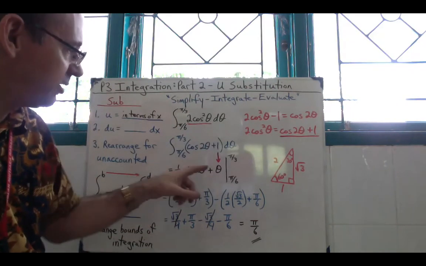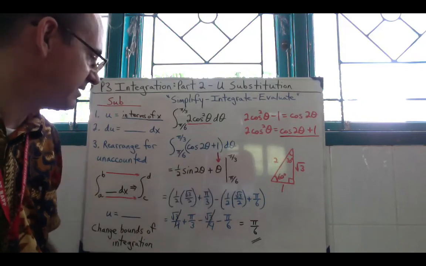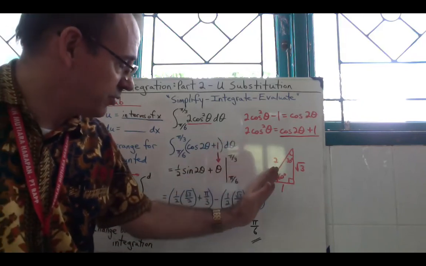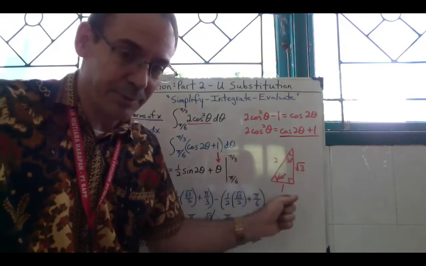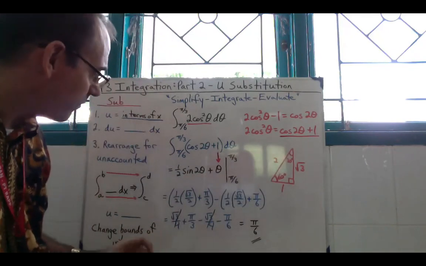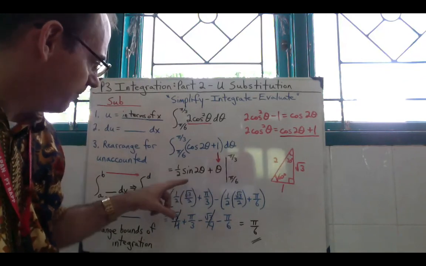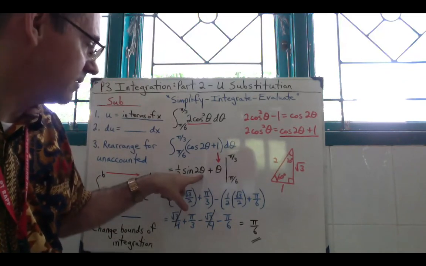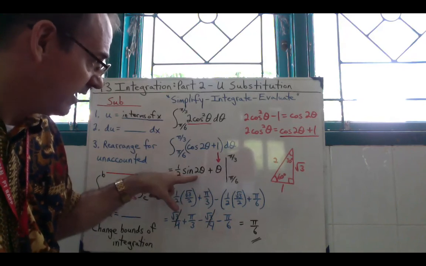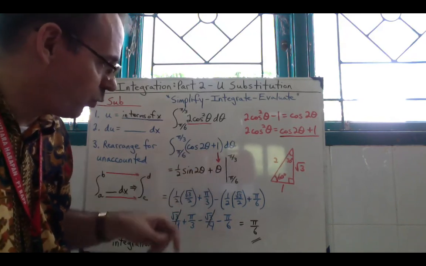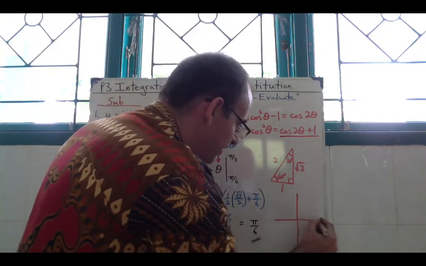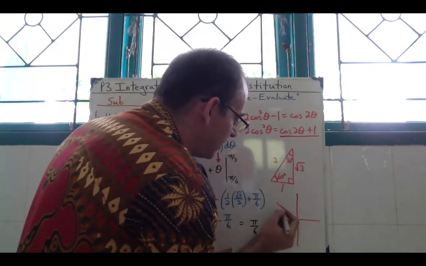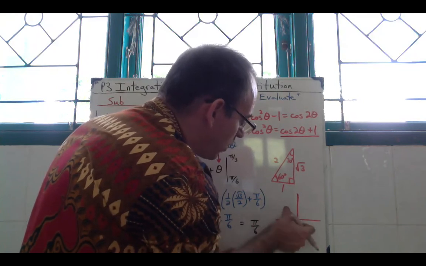So we're evaluating from pi thirds to pi sixths. Because we're doing exact values and using trigonometry, I pulled up our special triangle. So pi thirds is plugged in here, and you get 2 pi thirds. 2 pi thirds is 120 degrees, which means you have a 60-degree angle in the second quadrant.